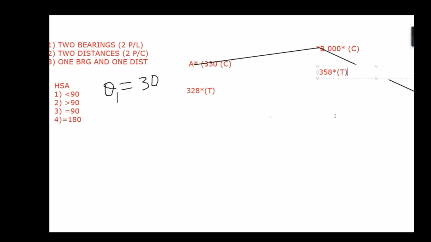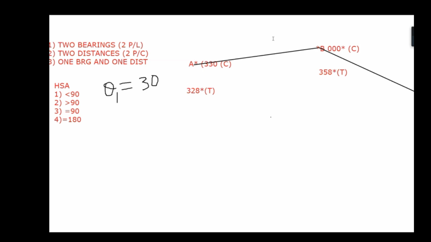Sir, these are not relative, we will directly subtract the actual bearings, right? Yes, but not always. If one is 330 and the other is 020, the subtraction should not go above 180. If one is more than 180, subtract from 360.